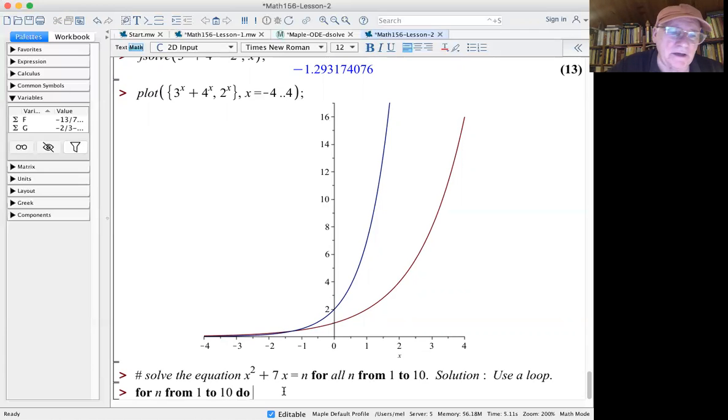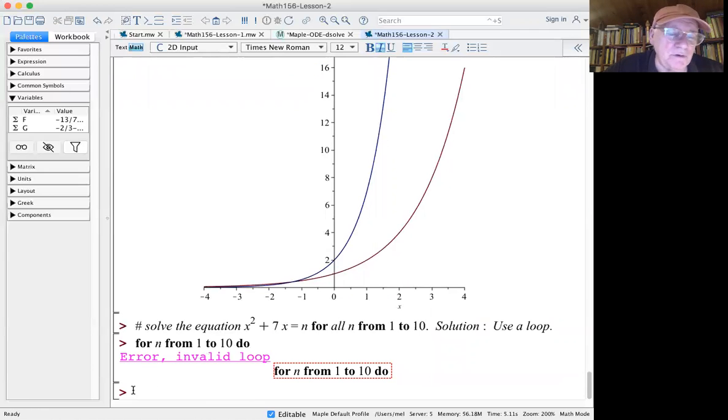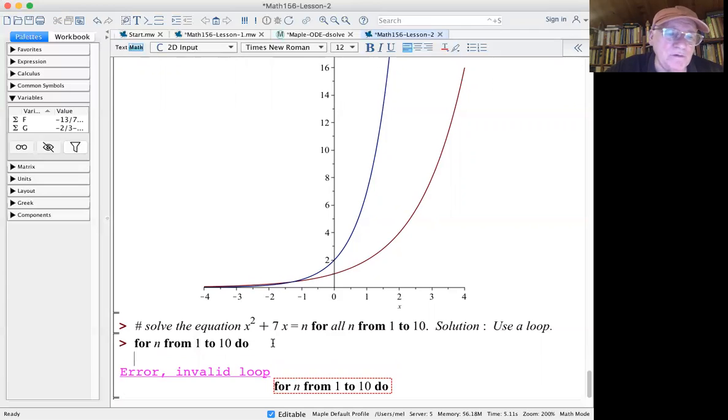If I just hit enter, it thinks that's the end of your command, and there's an error because this is an invalid loop. The way you move down a line in Maple without Maple thinking you finished your command and you're asking it to execute is to do Shift Enter. That moves the cursor down a line.